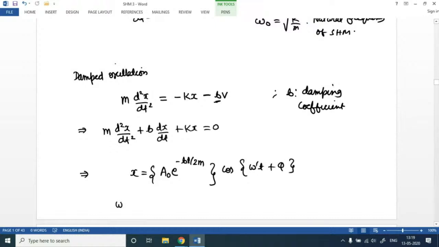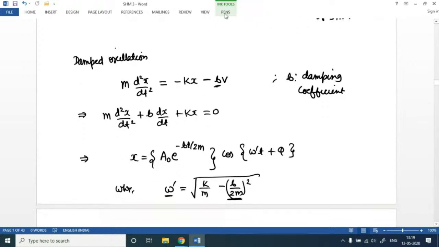Where the angular frequency of oscillation, omega dash, will be equal to root under k by m minus b by 2m whole square. So this term here is coming due to the damping factor. Okay, so we will be having a slightly changed angular frequency.